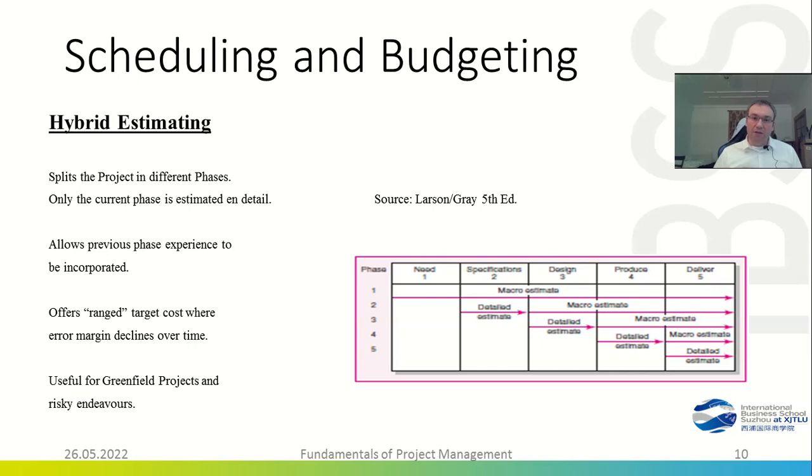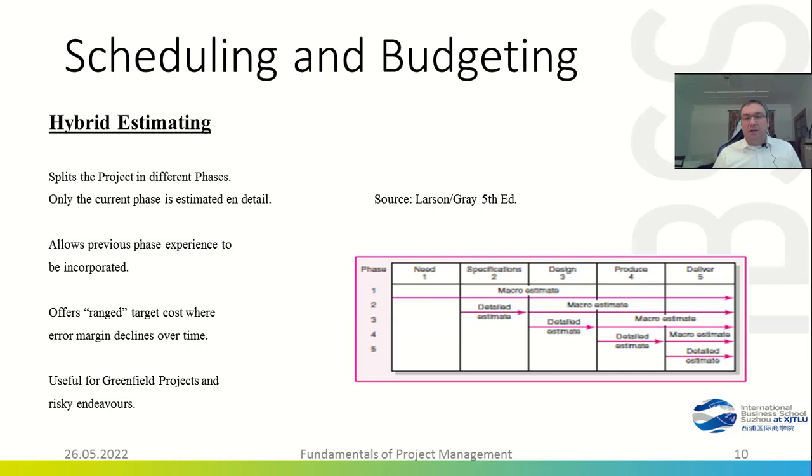And only the current phase that you are running will get a detailed estimate. So during phase 1, the need estimate, you will have a very broad budget. During specifications, you will go into a detailed estimate of how much it will cost to define the specifications of this project, and so on and so on.